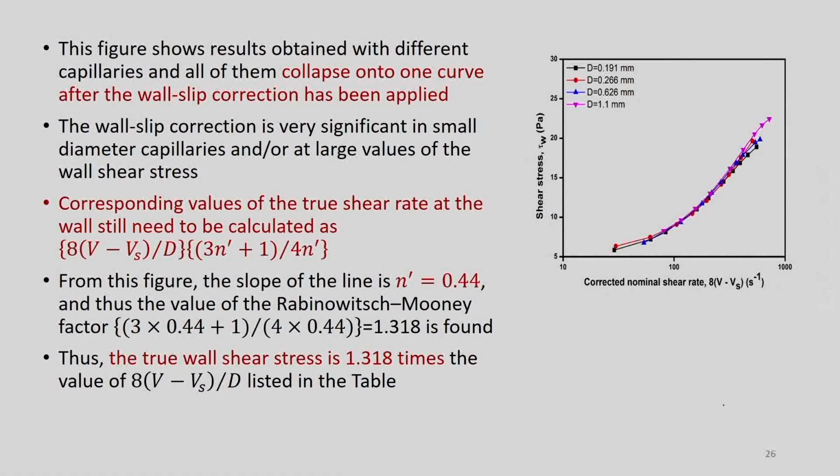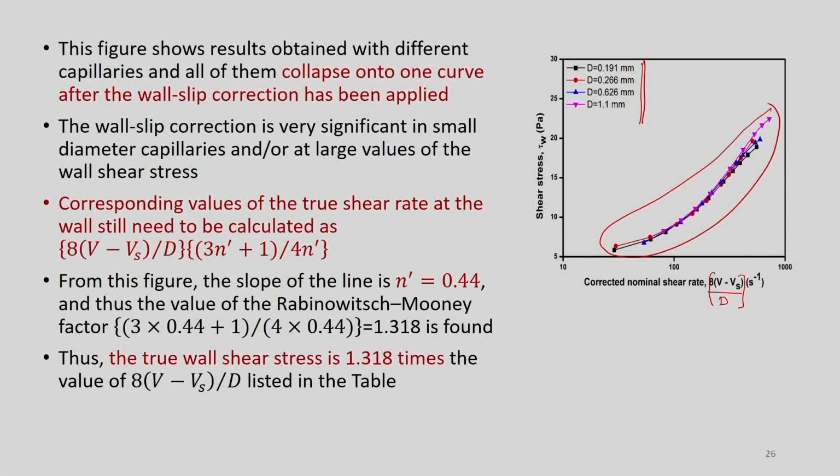So, tau w versus 8(V minus Vs)/d: for each value of diameter, you can see almost all of them are superimposing onto the same curve. That means after incorporating the wall slip effects, whatever the shear stress versus nominal shear rate information is there is giving the true rheological picture.